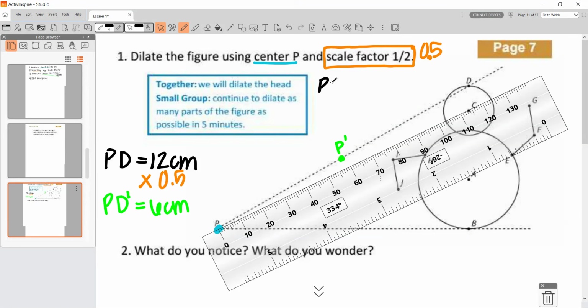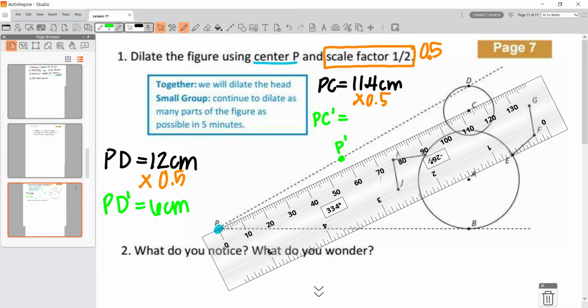P to C is 11.4, so 11.4 is my distance to C. Now you're going to multiply by the scale factor of 0.5 to figure out your new distance, P to C prime.